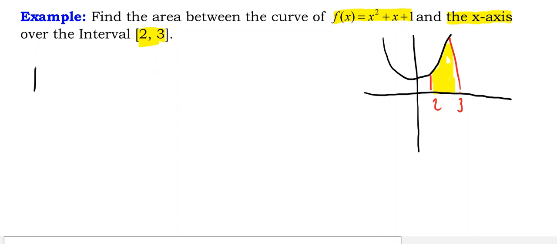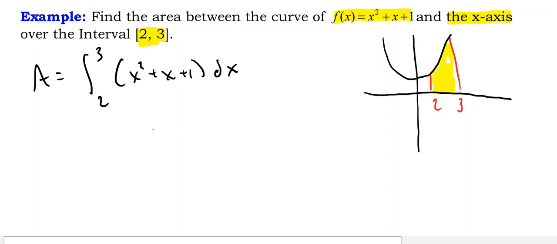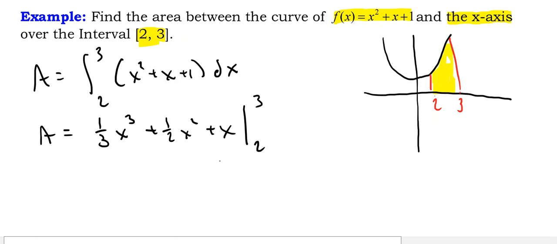The integral that we will create will be the integral from 2 to 3 of x squared plus x plus 1 dx. And so we want to find the antiderivative. So that's going to be 1/3 x cubed plus 1/2 x squared plus x. And we're going to evaluate that from 2 to 3. And so at this point, you can go to Desmos.